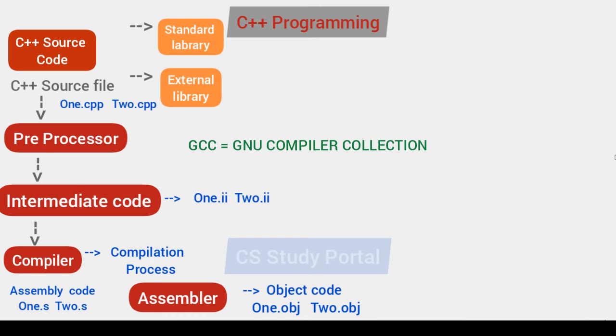Now we have the machine code representation of the source code, but this is not an executable file. Now we know that we can only execute an executable file. So the next thing we have to do is link all these object files together and create an executable file which we can execute.